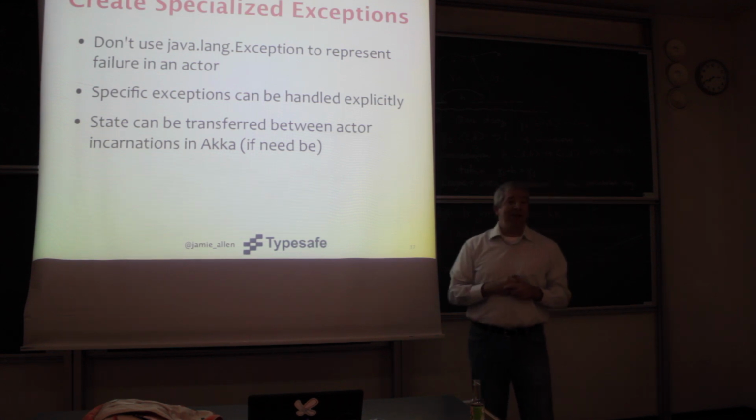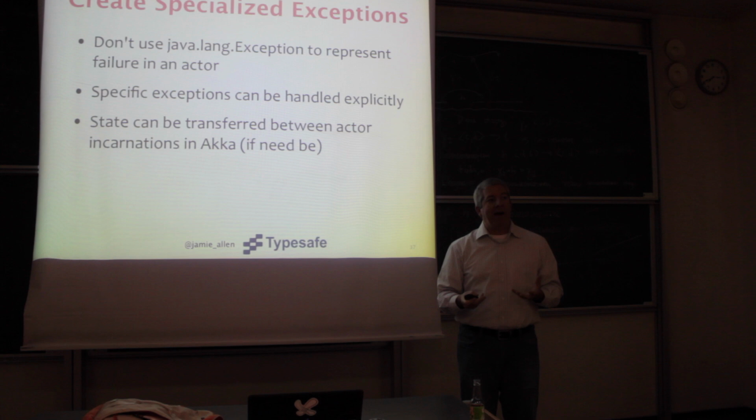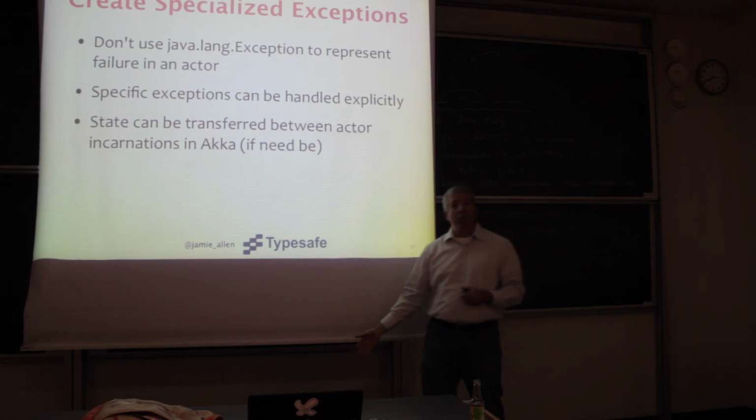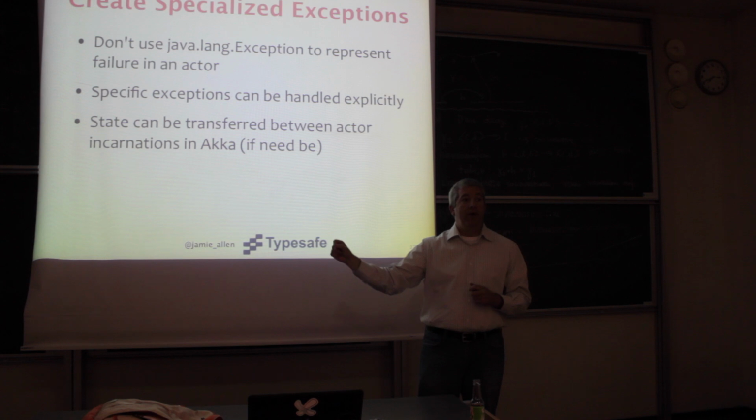Create specialized exceptions. What's different about writing code with supervisor hierarchies? How did we handle failure before we built supervisor hierarchies? We have it all over the place. It's everywhere. Even with functional semantics, we end up putting failure handling logic all over our code.